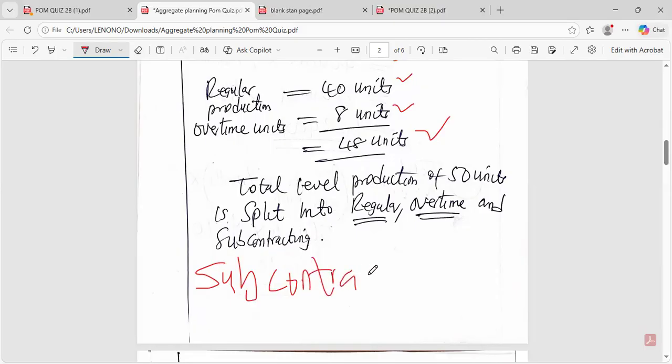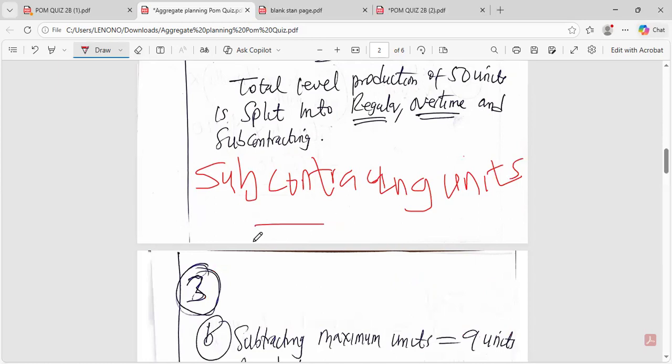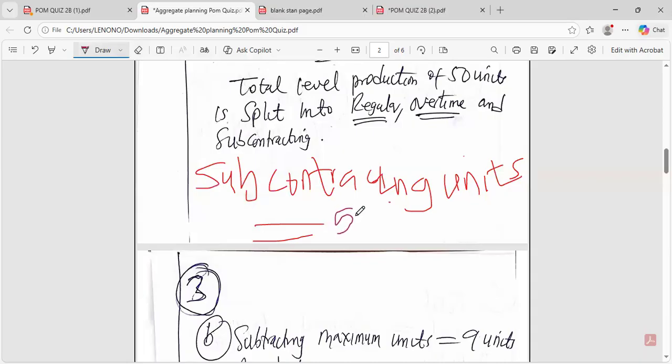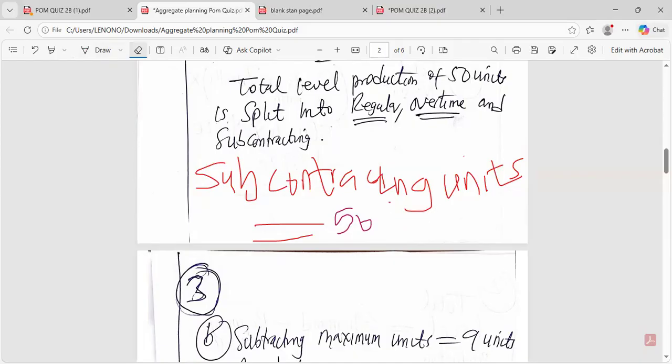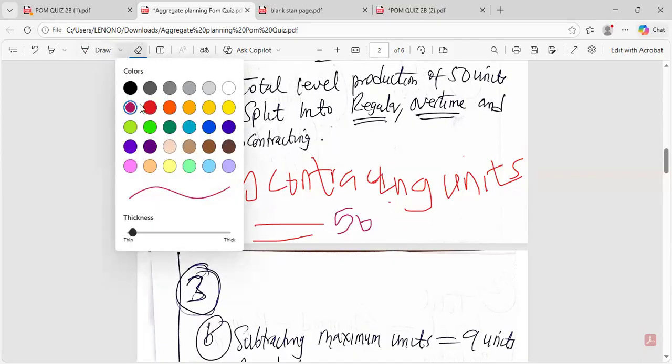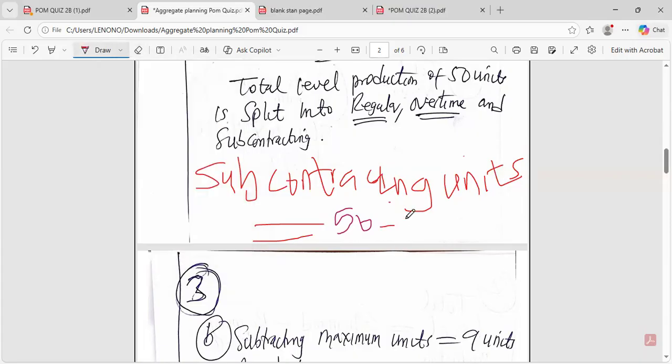Under subcontracting units, we simply say the total level production, which is 50, minus the units we are producing. So 50 minus 48 is equal to 2 units.